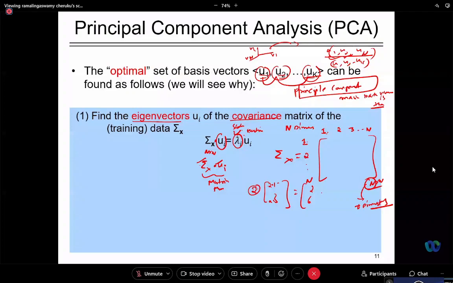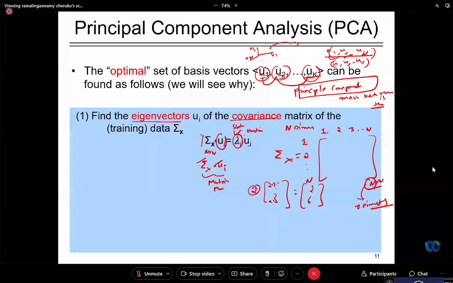So this is a scalar, and what this is saying is, for which value do I have to multiply so that both will be equal. The sigma x, the covariance matrix, times the eigenvector must be equal to a scalar multiplied with the eigenvector.